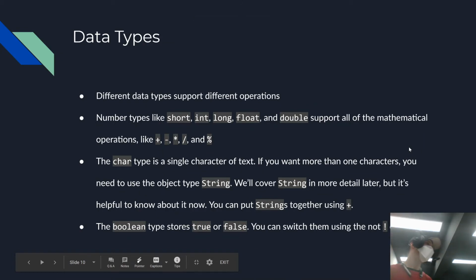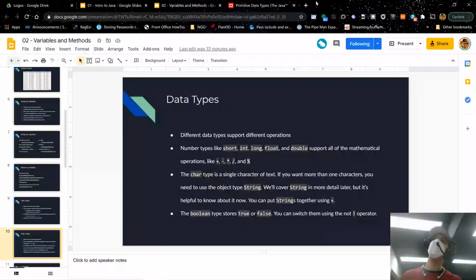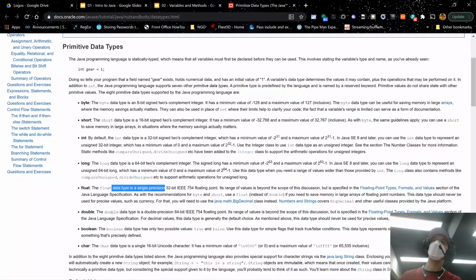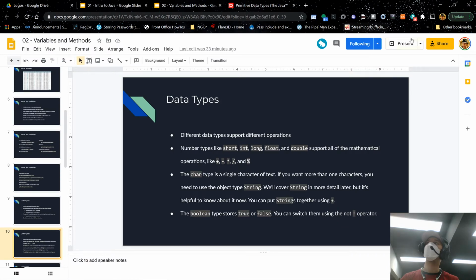Float and double. Float is a decimal point. I think that's 32 as well. Yeah. Float is 32-bit. Double is also a decimal point, but it's double the size, 64-bit. So you can get more detailed with your number. Okay.